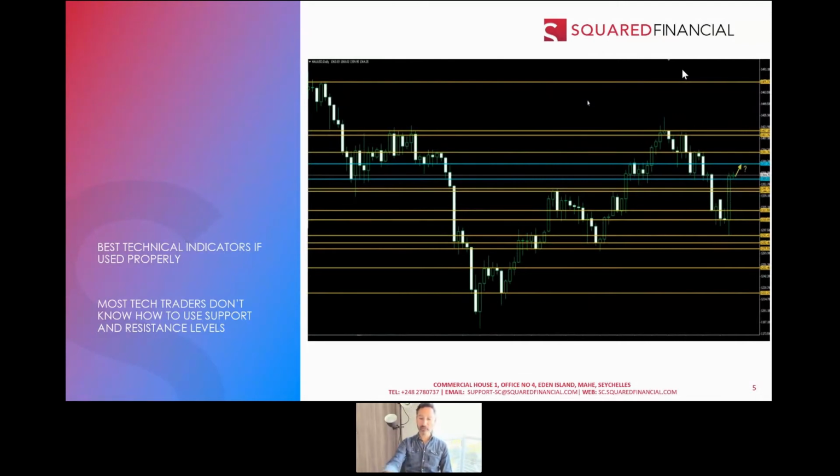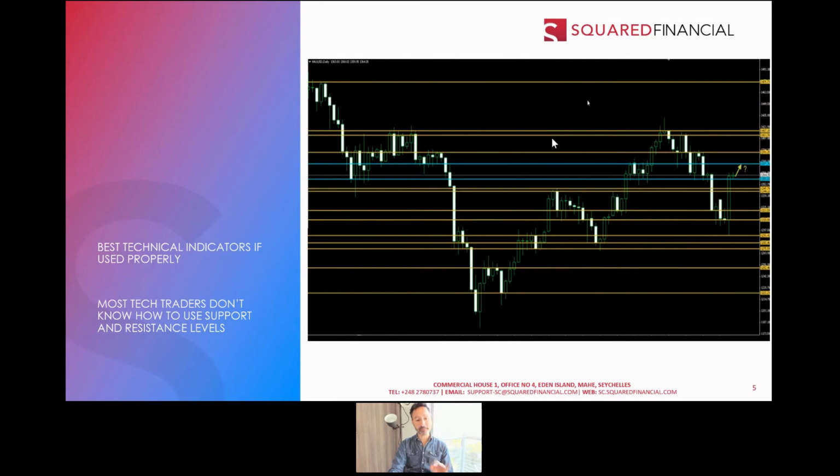Obviously, there are a few of them that are obvious. I would understand why he put a resistance level here, but I don't understand what that has to do with anything, or this. He's just drawing support resistance levels all over the place. This is not keeping it simple, guys.